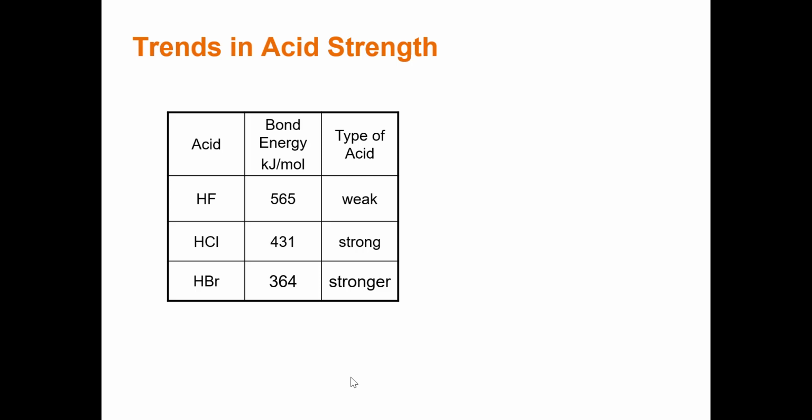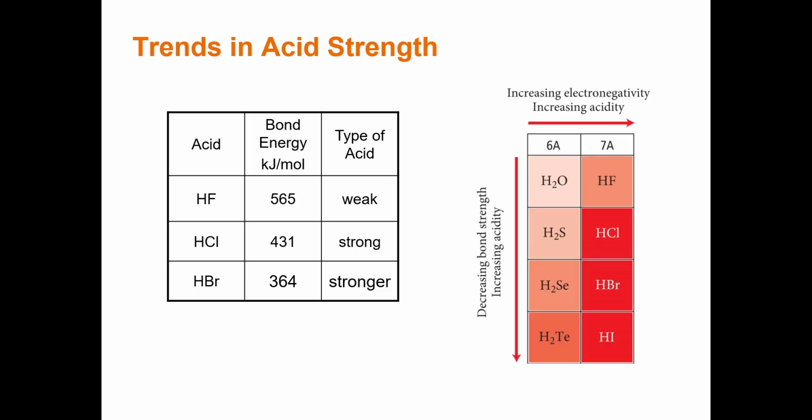So let's try to explain this trend in terms of what's going on with the bonding. There are actually two types of trends going on here. One is that as we increase electronegativity, we're increasing acidity. That should make sense.